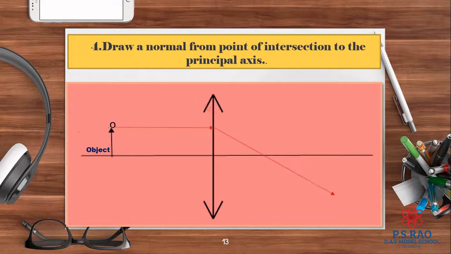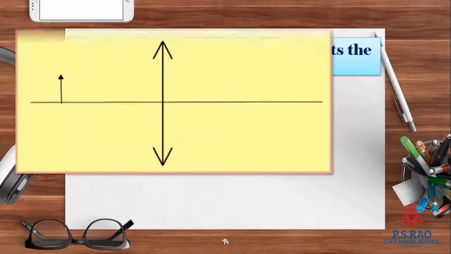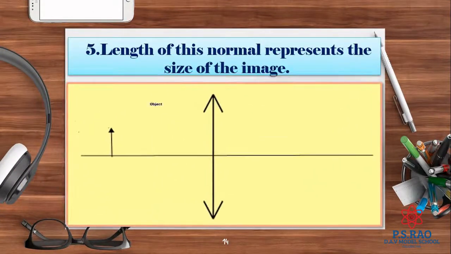This is the point of intersection and the normal. Now, the length of this normal represents the size of the image. This is the size of the image.